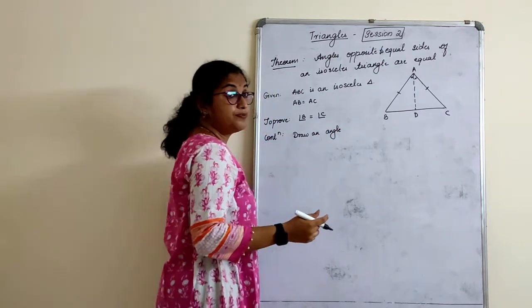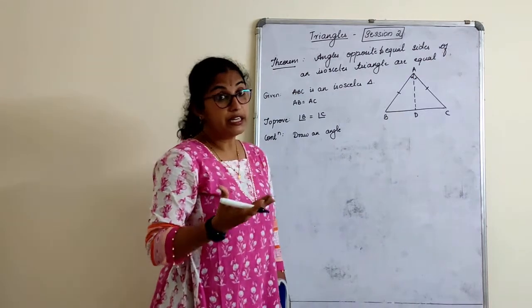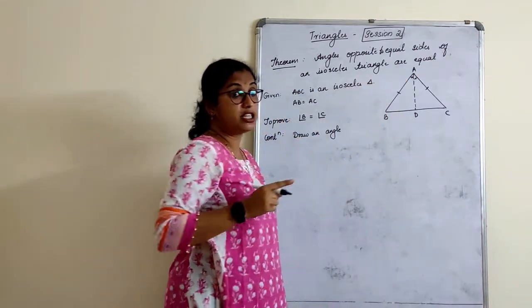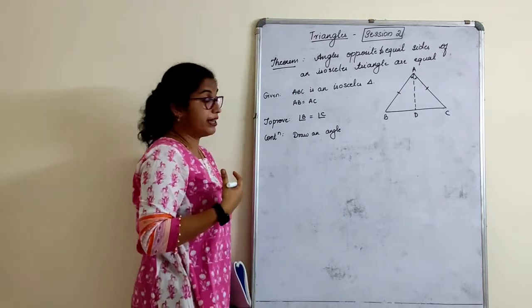One more thing, children, these angles B and C are called base angles. Angle A is called the apex angle. The apex angle is the angle at the tip of the triangle.